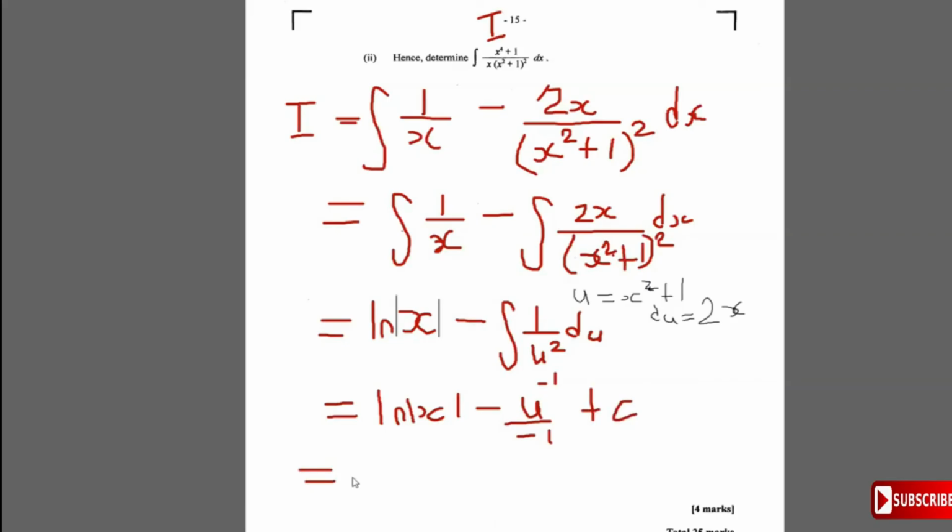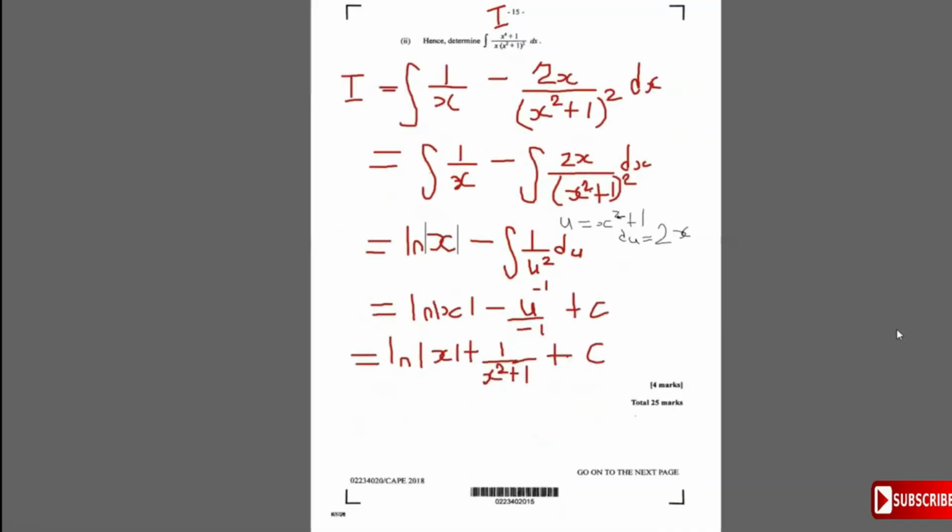So this worked out to be ln the modulus of x, minus and minus give you plus, so plus u to the minus 1, which is really 1 over u, and u is x squared plus 1, plus c. Nice and easy. So that's how we do this question.